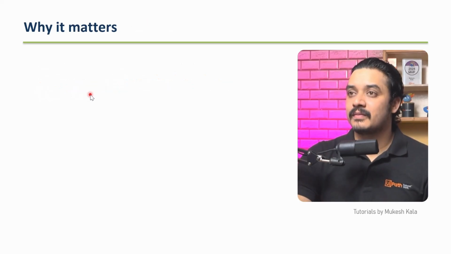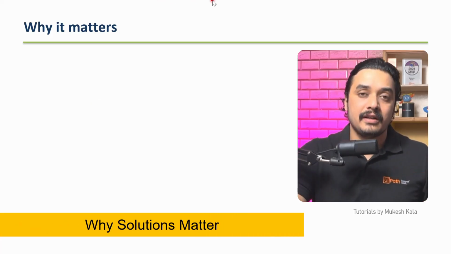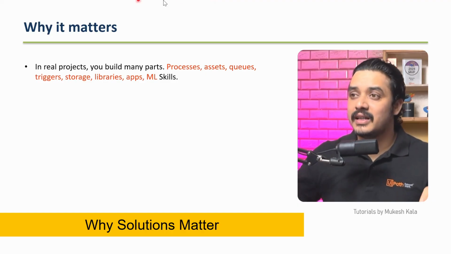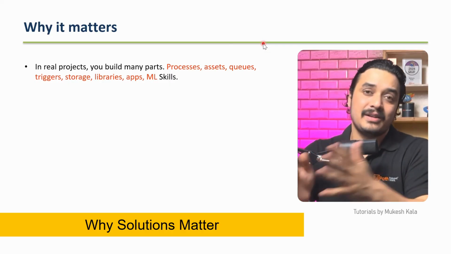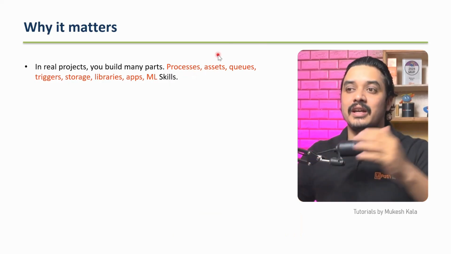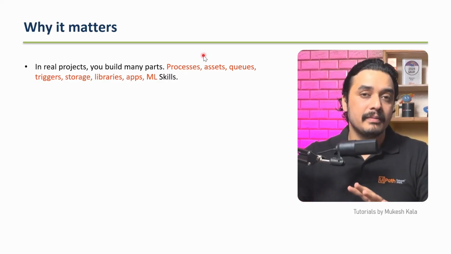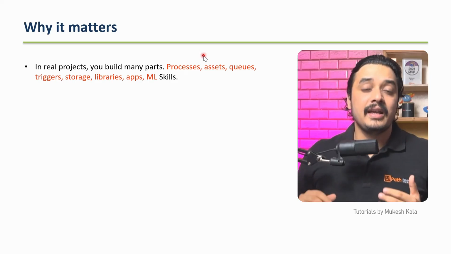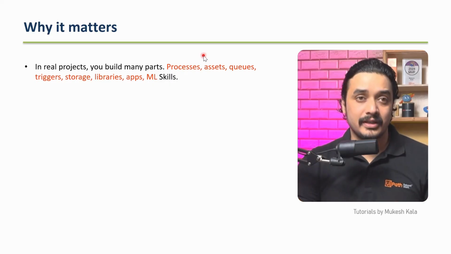Now, why exactly does it matter and why as an RPA developer should I be worried about it? In my real-time projects, you build your project in many different parts, right? That we just saw. I have processes, I have assets, I have queues, triggers, storage, libraries, ML skills. All of them are created in 10 different places. And then as a developer, I am deploying everything one by one and trying to stitch them together.